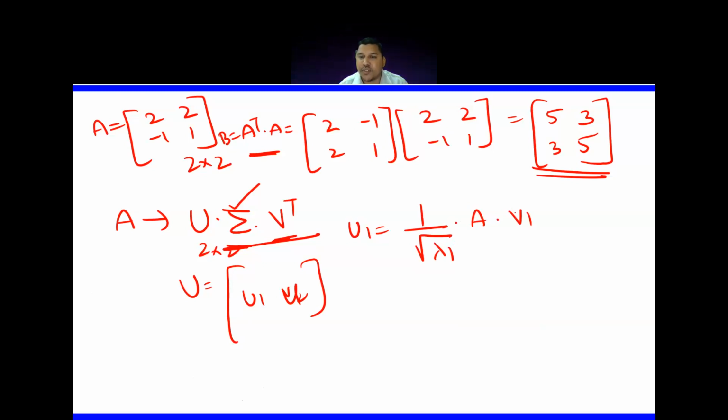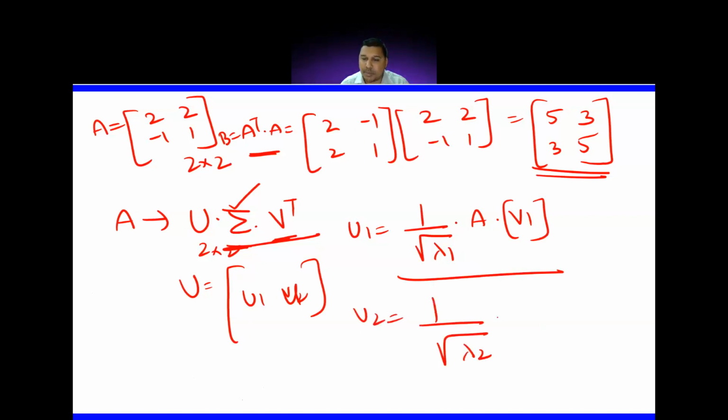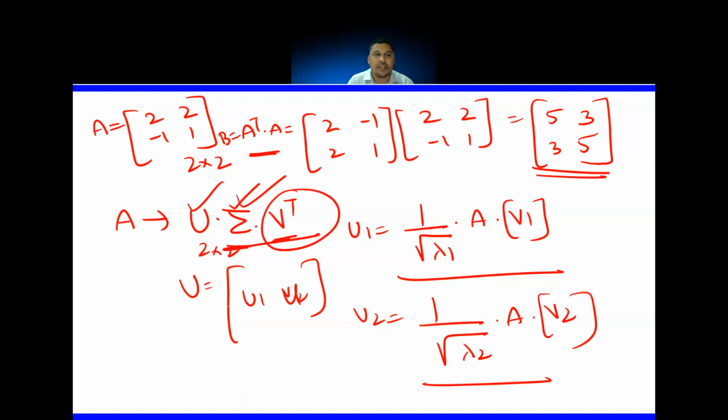If you multiply these three, you get your U1. What is U2? 1 by square root of lambda 2 into the original matrix A into the vector V2. This way you can calculate U1, U2. So you get a U matrix, a sigma matrix, and V transpose. That way we express A as three separate matrices.